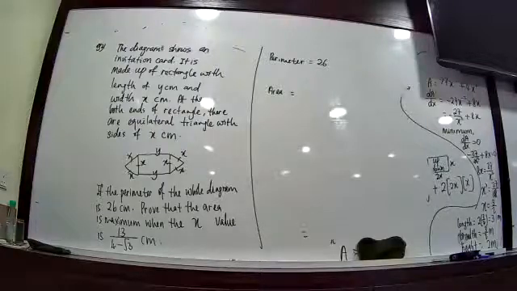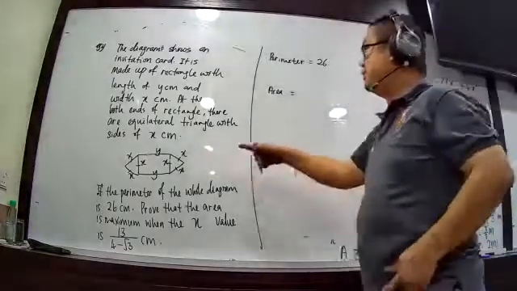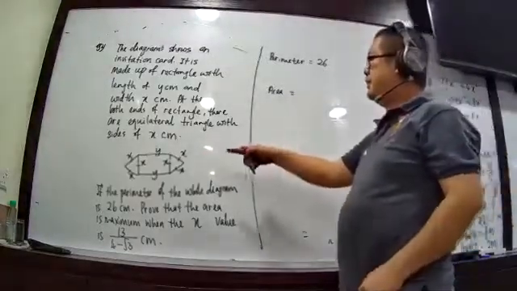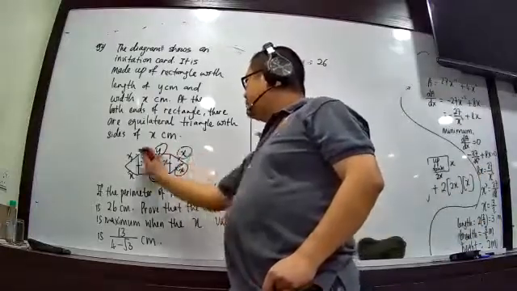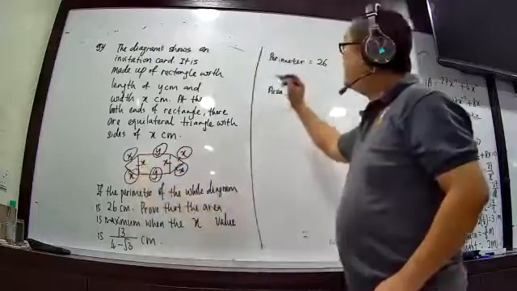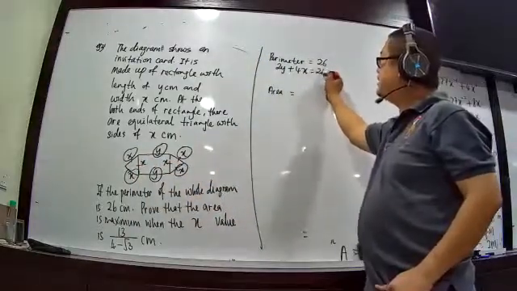Which other students, besides Junguang, have an idea? First, find out the perimeter. So I have 2y and 4x, right? So I write down 2y plus 4x equals 26.